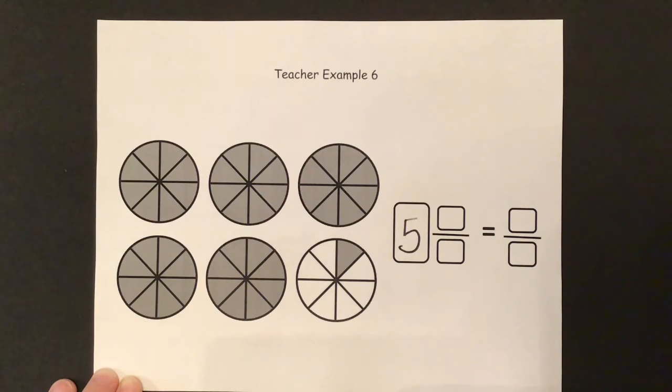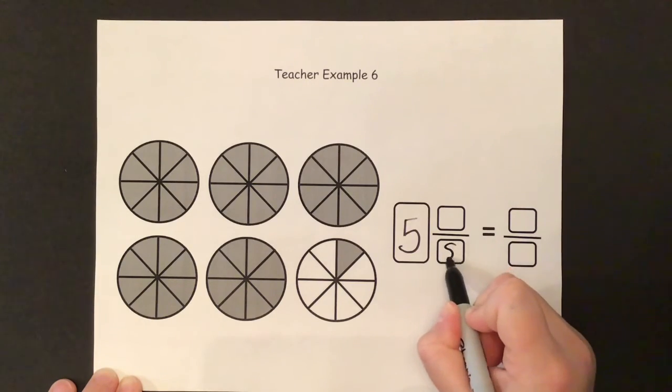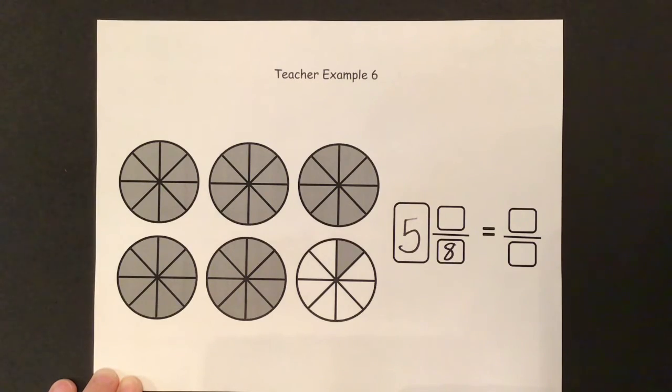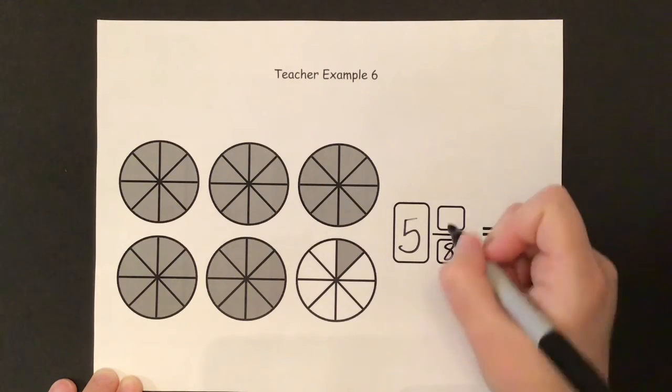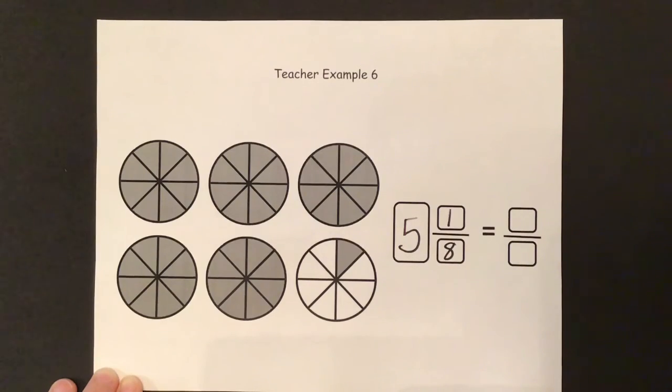If you answered 8, you're right. These are eighths. And then look past the 5 wholes and how many pieces past the 5 wholes. So this picture is showing us 5 1/8.